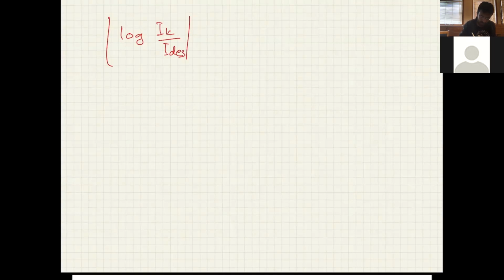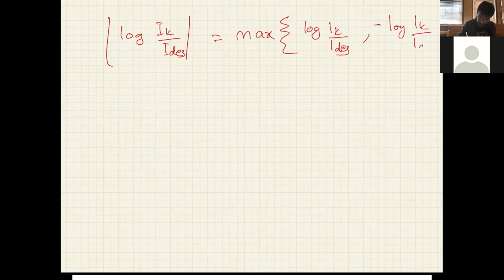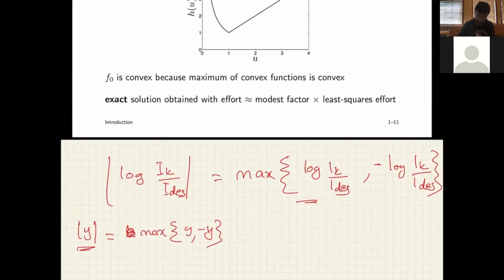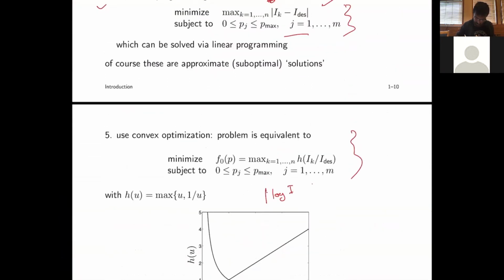But this I can write as max of... So basically, any absolute value function you can write as max of y and minus y, right? So that's what I did. So if you apply that trick, maybe you can see later.